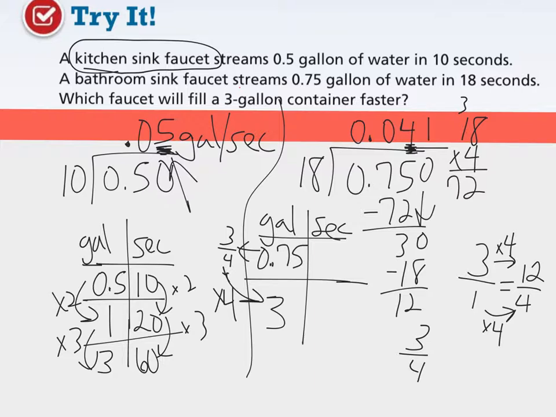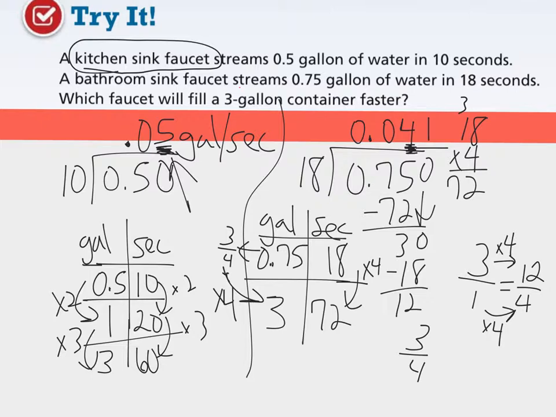And 3 gallons is 4 times that much. Okay, so if that took 18 seconds, and then 4 times as much we could do would be 72 seconds. So there, again, you can see the kitchen sink faucet is faster.